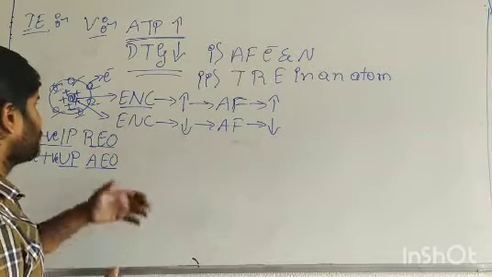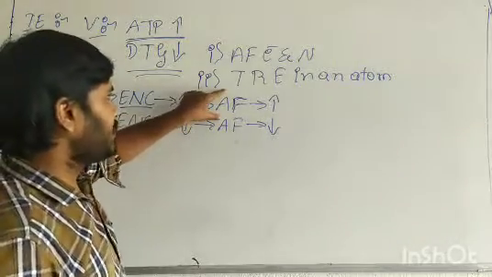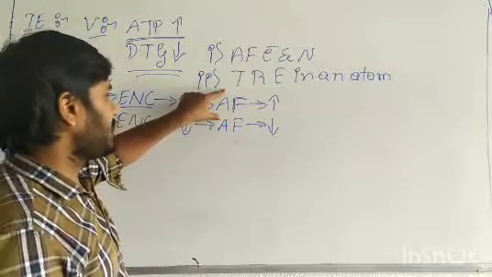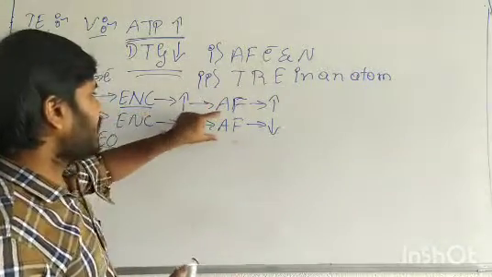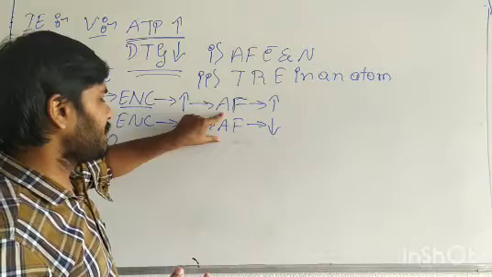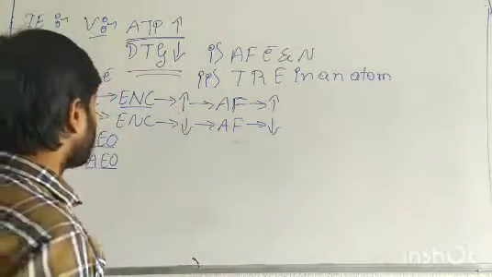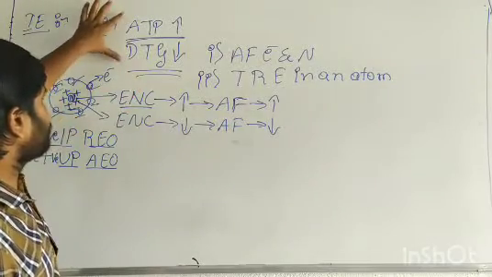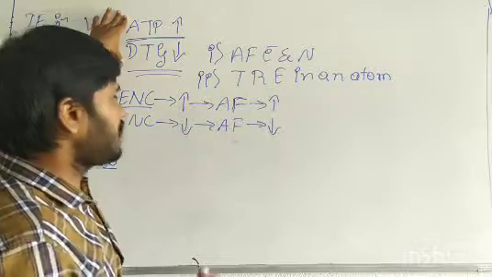Be careful with this. If effective nuclear charge increases, the attractive force between the nucleus and the outermost electrons increases. If effective nuclear charge decreases, the attractive force between the outermost electrons and the nucleus decreases. These things will affect the variations of ionization enthalpy along the period and down the group.